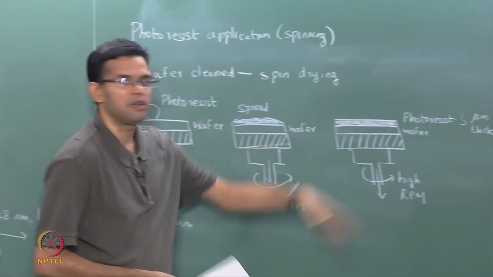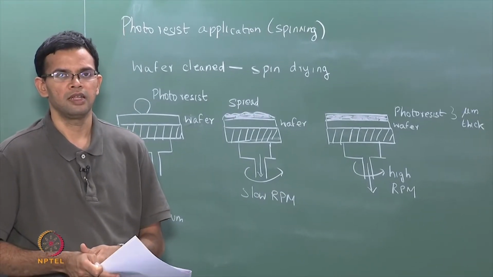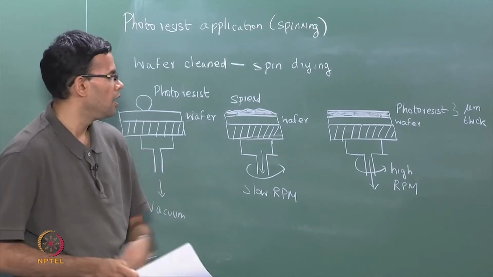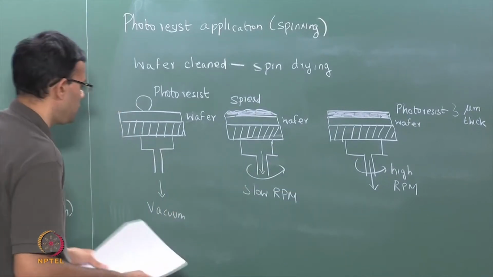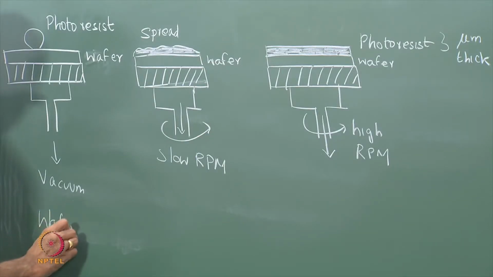So once the photoresist is spun on to the wafer, this is now taken and then exposed using the mask. At this point, the wafer is sensitive, so it has to be protected from ambient light.